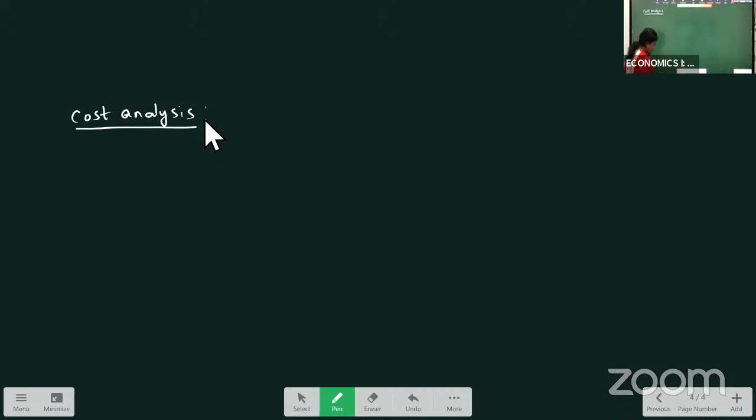Now, cost analysis. Generally, what do you mean by cost? Cost means the expenditure incurred by the producer in producing a commodity. So, cost is the expenditure of the producer in producing the commodity.